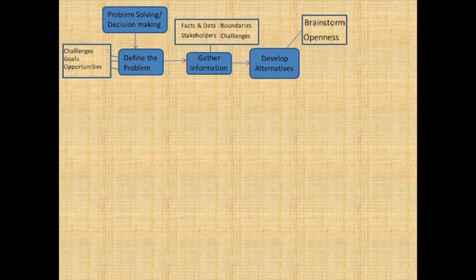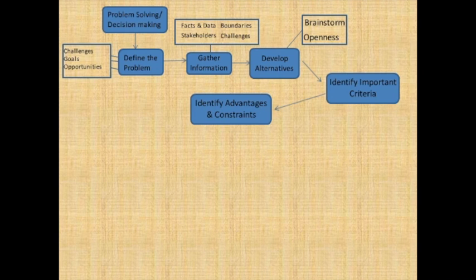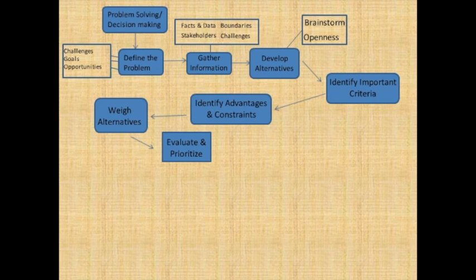Next, develop alternatives by brainstorming and being open to all possibilities. With developing alternatives, one should try to identify important criteria for weighing the alternatives, or identify advantages and constraints to each alternative. Next, weigh the alternatives by evaluating and prioritizing them.